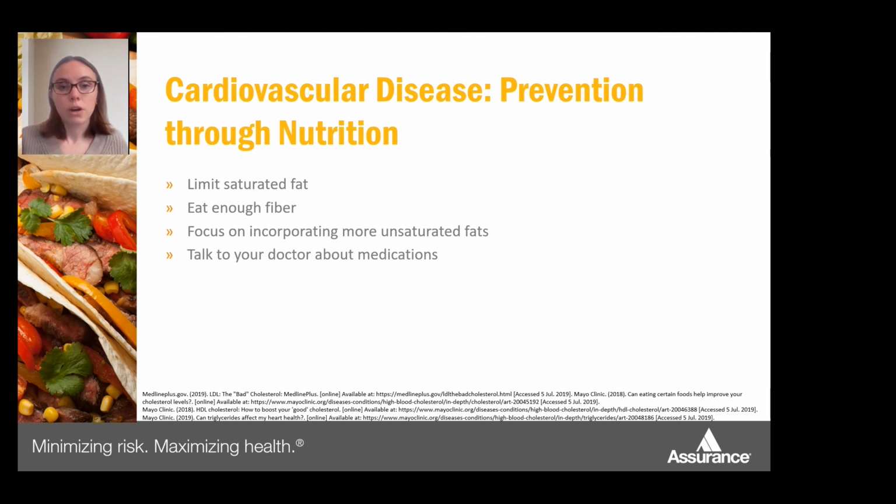We do want to focus on soluble fiber for this effect. Soluble fiber is found in fruits and vegetables, and specifically the skins of the produce. If we eat an apple, the skin of the apple will contain that soluble fiber that's going to have the best effect on your blood cholesterol levels. We can also find soluble fiber in beans, legumes, and oats as well.